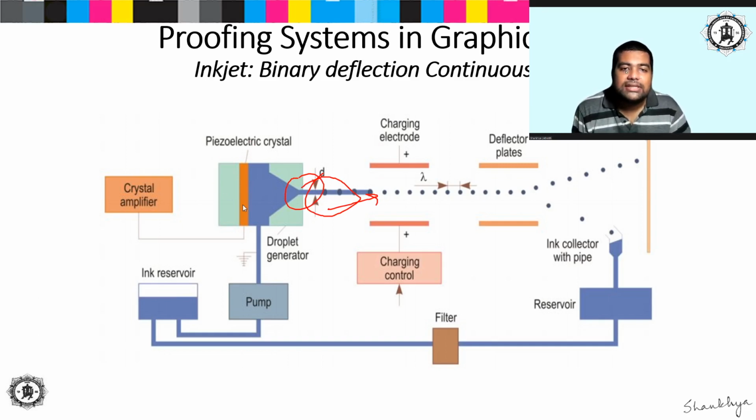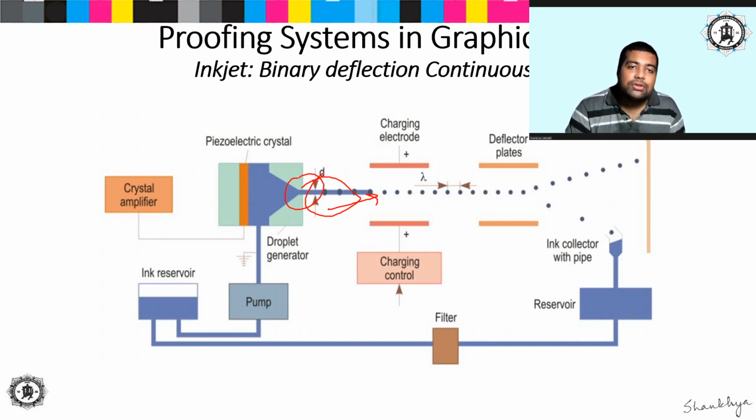So what is happening here is that these cone shaped nozzles are throwing out a continuous jet of ink, right? And cone shaped nozzles are used with diameters of the order of tens of microns, usually made from ceramic materials resistant to wear and tear.